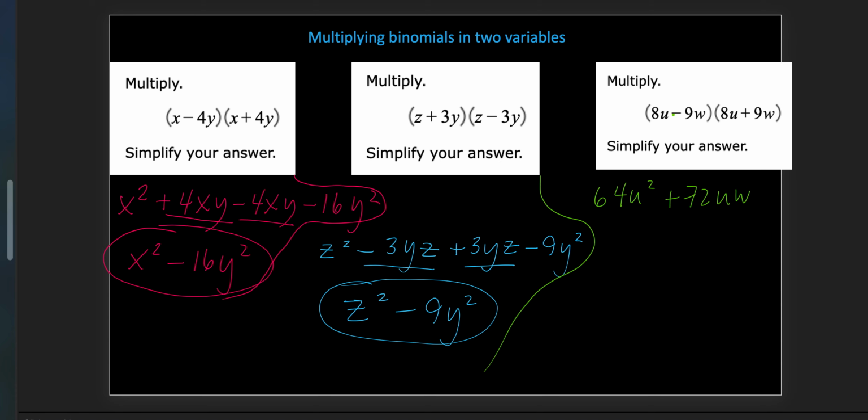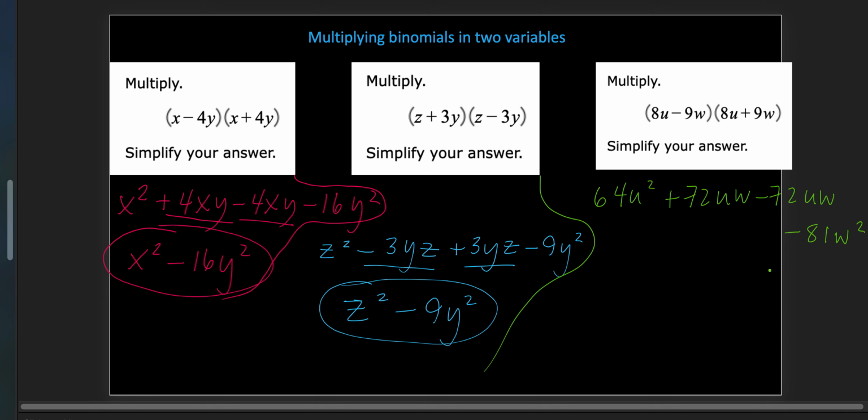And then we have the inner, negative 9 times w times 8u is the same thing, negative 72uw. And then the last positions is a negative 9w times a positive 9w, so that's negative 81w squared. So we can see these cancel out because they add up to 0.